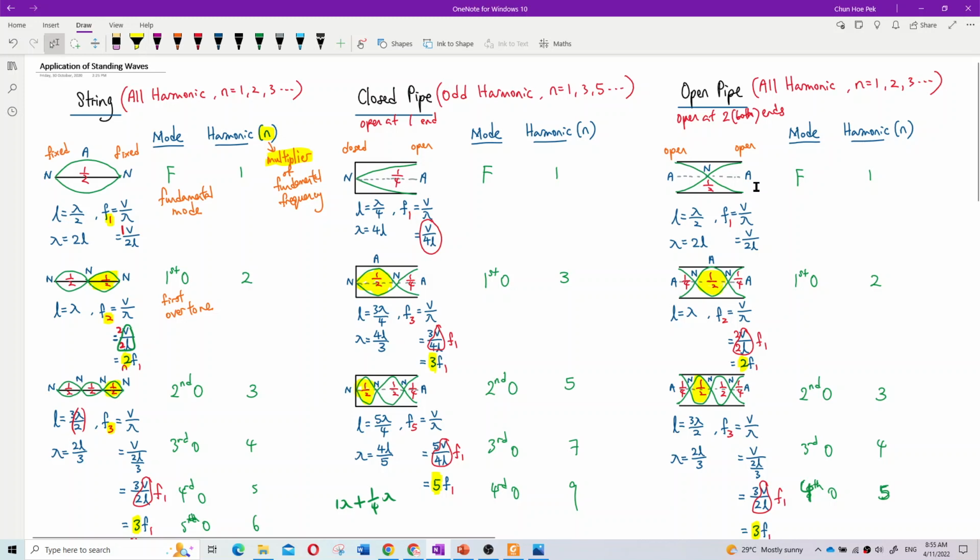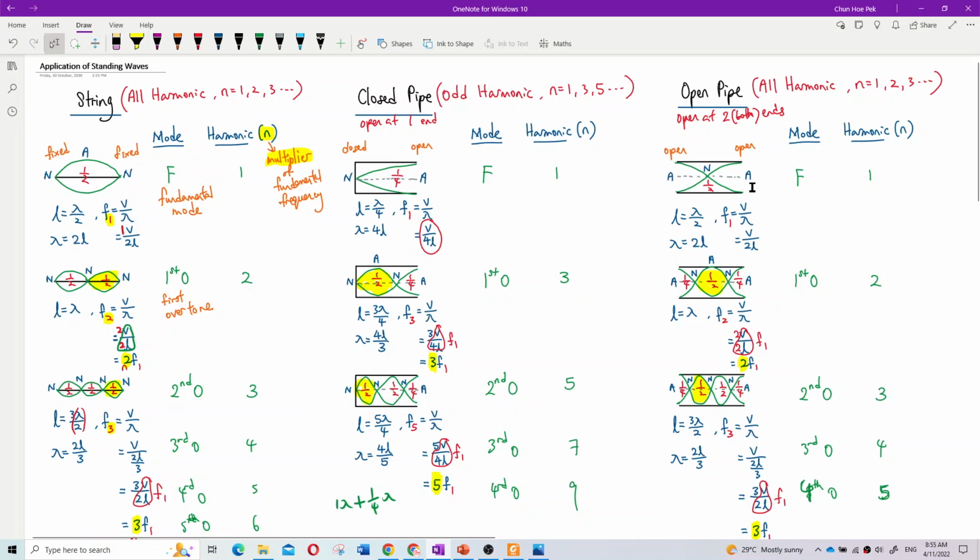Understand? So for open pipe and string, only the closed pipe is odd, very odd. But for open pipe and string, everything is the same. Because this is antinode to antinode, this one is also node to node. And then going down, you plus a half lambda. This one also plus half lambda. So the difference is the same.